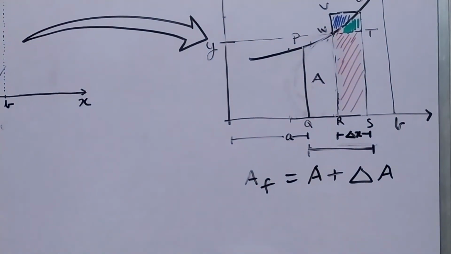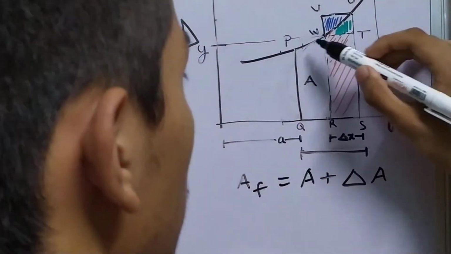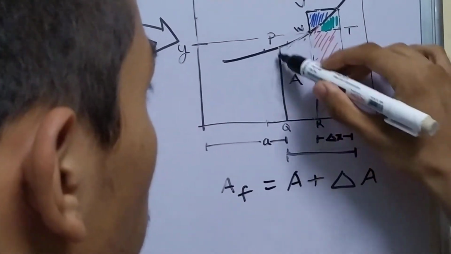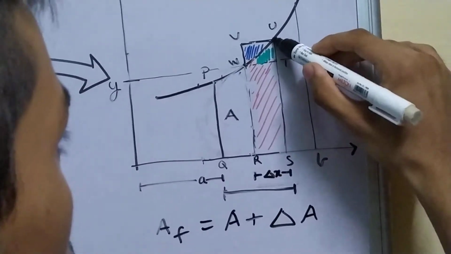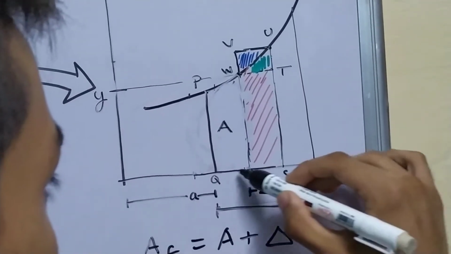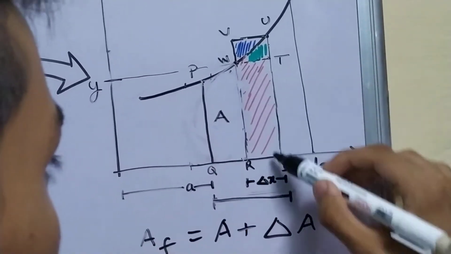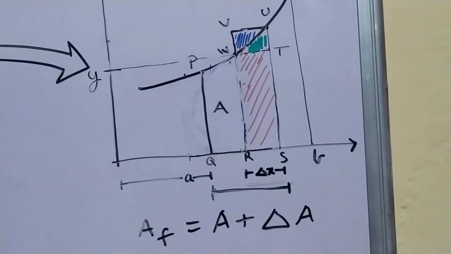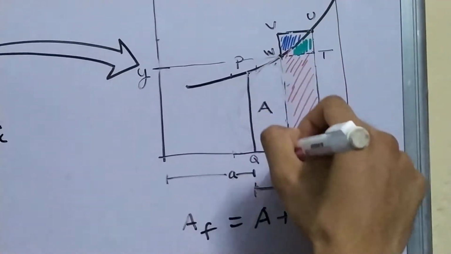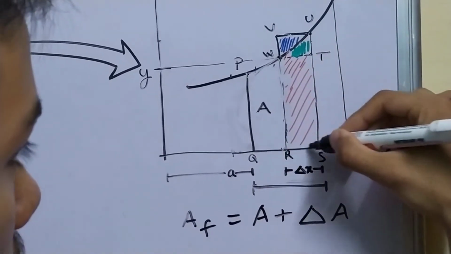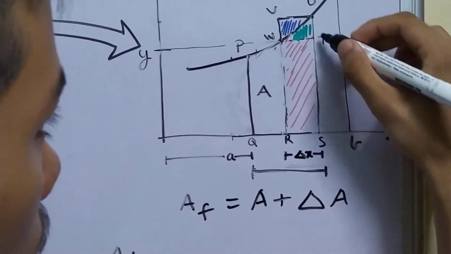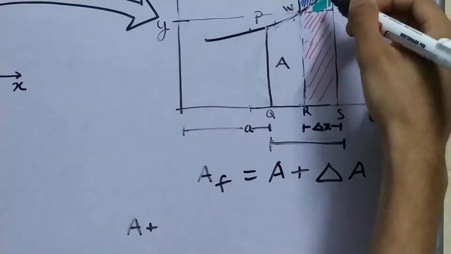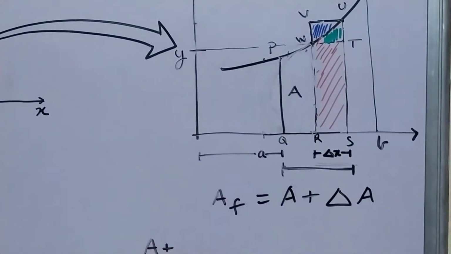So what is your final area? Final area is PUSQ, this big region over here. This is A plus the area of this thing, WURNS, the green part plus the red part.